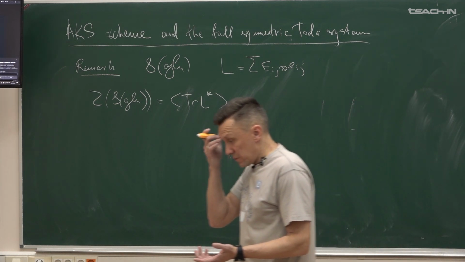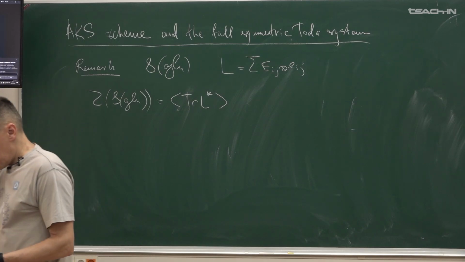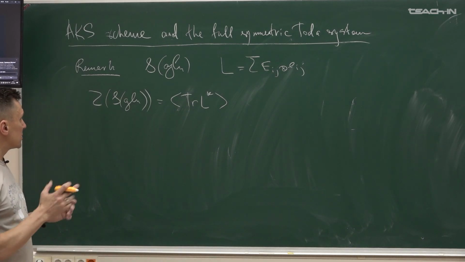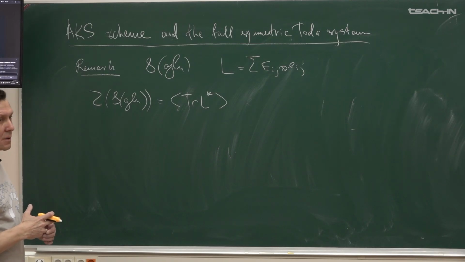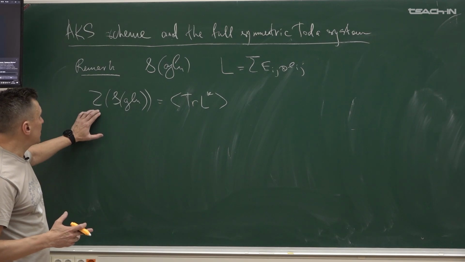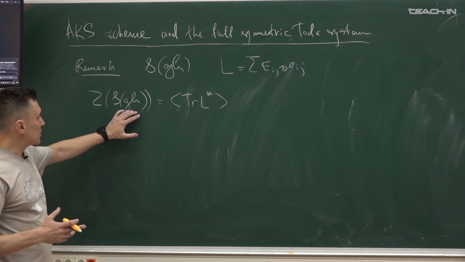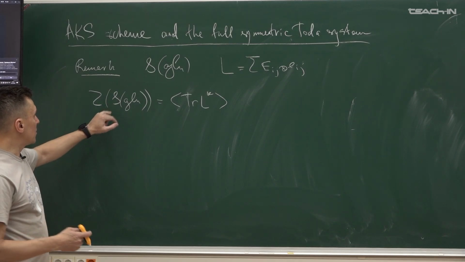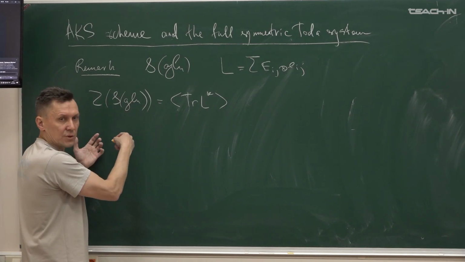And what it means algebraically, for me, it's very important. Here, Z means center. This is the center of S of gl_N, just the symmetric algebra of gl_N, which is the algebra of functions on the dual space.